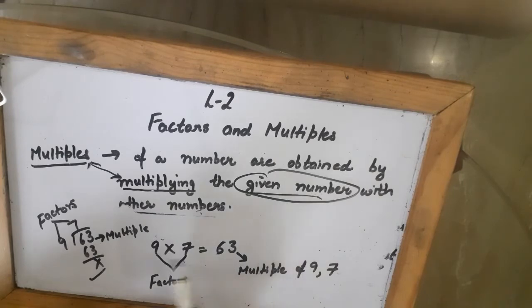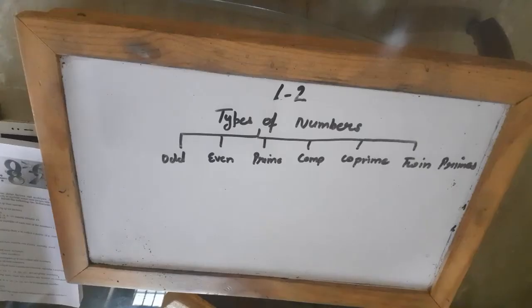So what is the relationship between them? I can say that a number is a multiple of its factors. So these are the factors of 63, and this 63 is a multiple of 9 and 7.